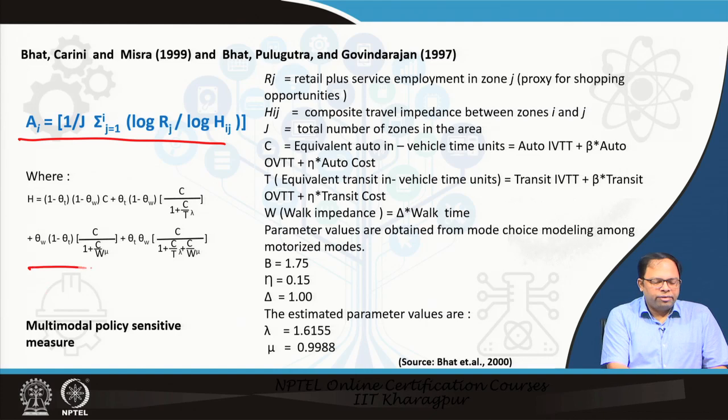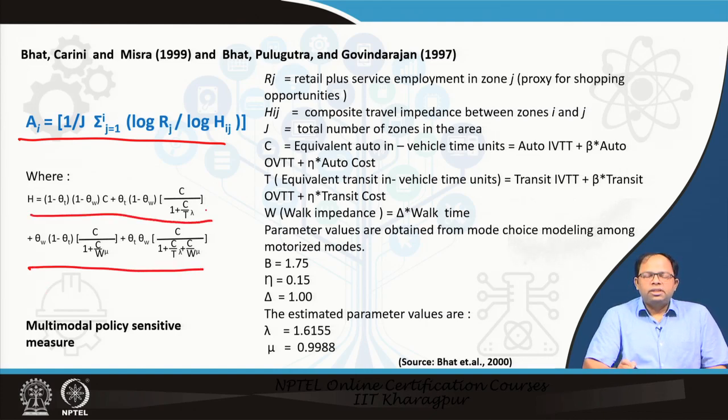The only thing is we are introducing this composite term which includes the travel time, travel cost and the mode that has been used. In the T, this is equivalent transit in-vehicle time. We can take transit in-vehicle time, transit out-of-vehicle time, and transit cost. This is for transit. Then for C, this is equivalent auto in-vehicle time, auto out-of-vehicle time and auto cost.